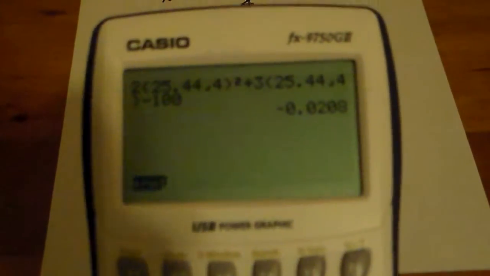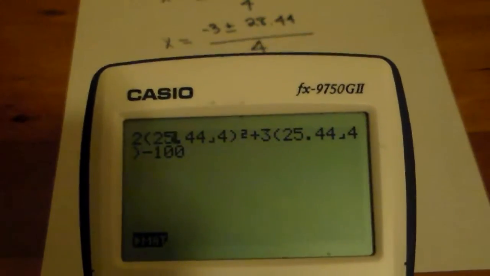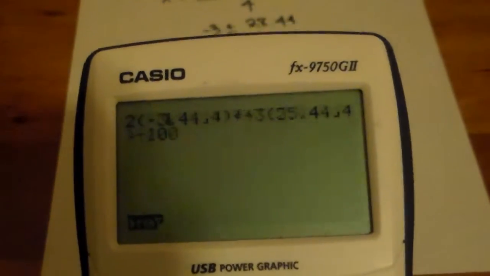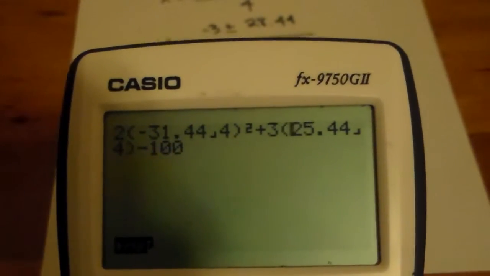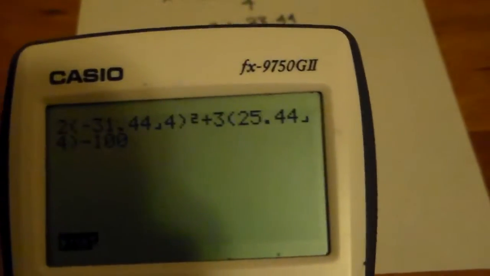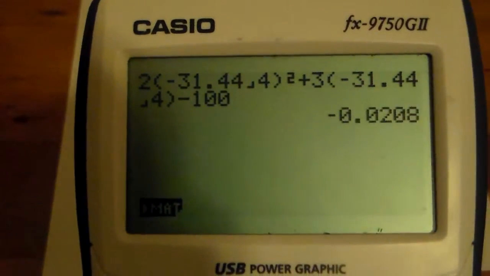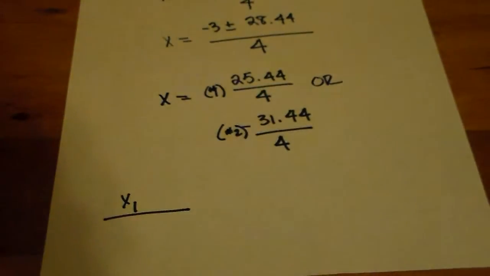So we clear that out and do a little cool thing that I like to do, so I don't have to type it out every single time. As you can see, both of those come out to basically the same answer.